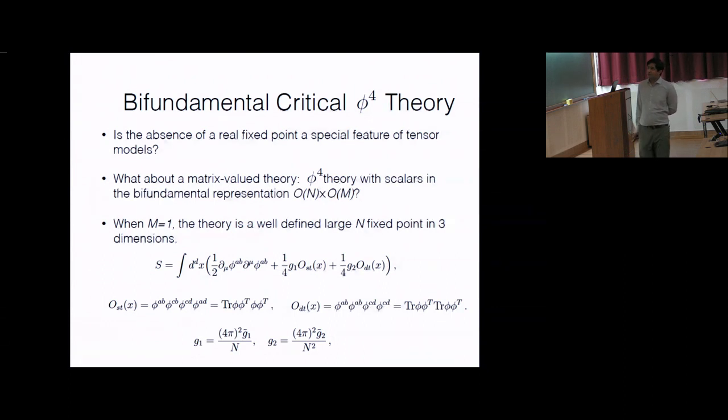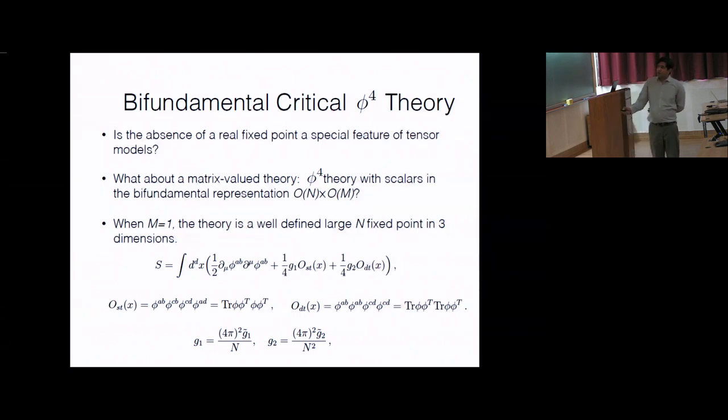Okay, so a simpler model you can consider, which is a natural model, is phi-4 theory with scalars in the bifundamental representation. So not adjoint, but two indices n and m. So this is a bifundamental phi-4 theory.